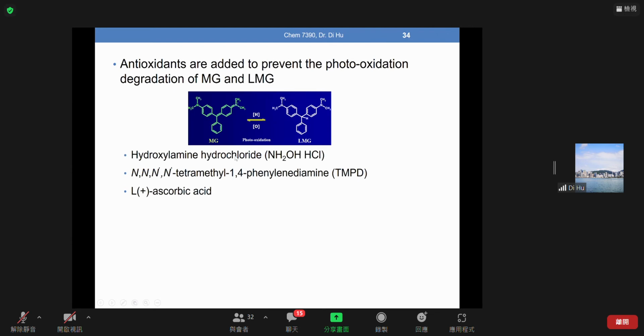And we say antioxidant is added to prevent the photo-oxidation degradation of melatonin green and leucomelatonin green.